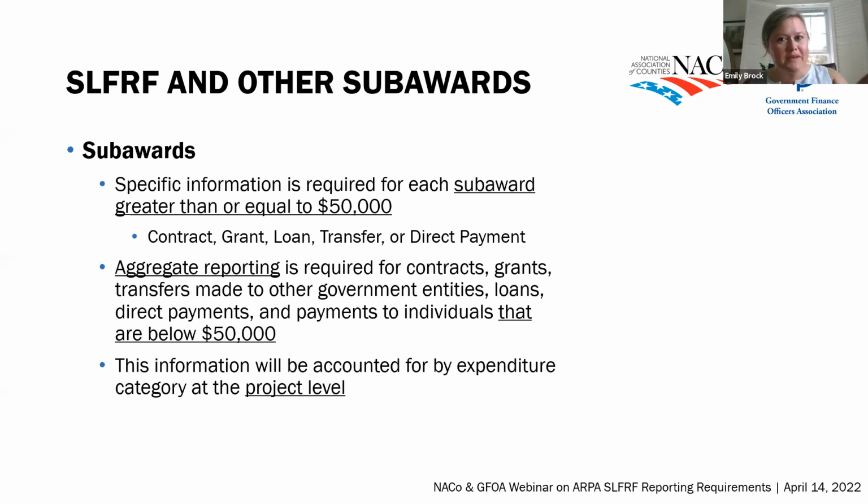Of course, a little bit more information is required. Beneficiary information and other information is required. But once you get above that $50,000 threshold, Treasury is going to want a lot more information, and almost exclusively that information can be found on a vendor's registration at sam.gov.